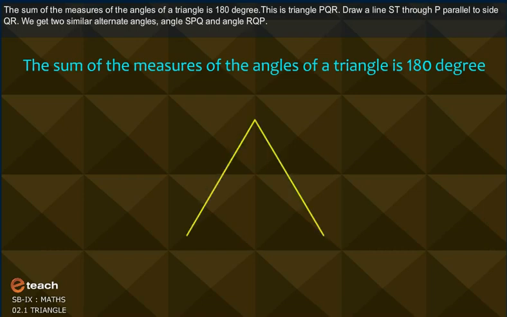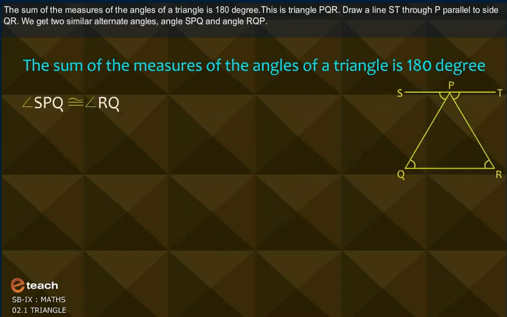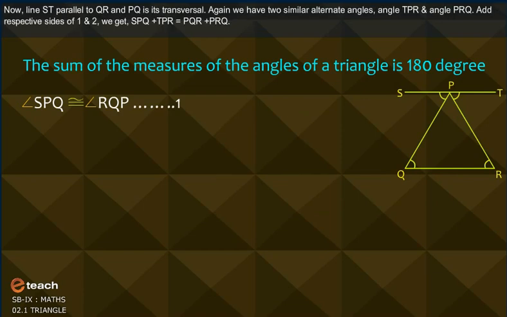This is triangle PQR. Draw a line ST through P parallel to side QR. We get two alternate angles, angle SPQ and angle PQR. Now, line ST parallel to QR and PR is its transversal.